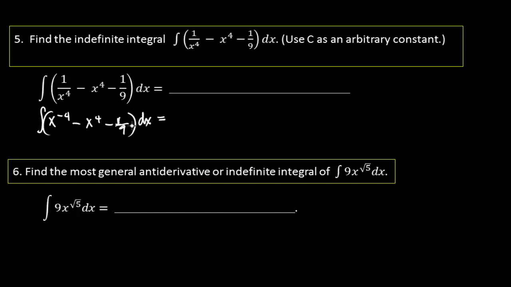So this is equal to just taking the antiderivative term by term. That's going to be x to the negative 3, because you add 1, divided by whatever is there, so divided by negative 3. Now you've got minus x to the 5th divided by 5. And then what is the antiderivative of a constant? Don't forget that this is a slope, so it's the line. So it's minus 1 over 9 x plus c.